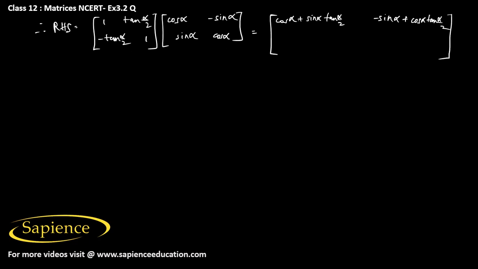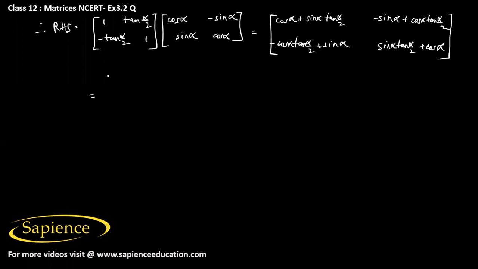Then second row into first column will be minus cos alpha into tan alpha by 2 plus sin alpha. Then second row into second column will be sin alpha into tan alpha by 2 plus cos alpha.